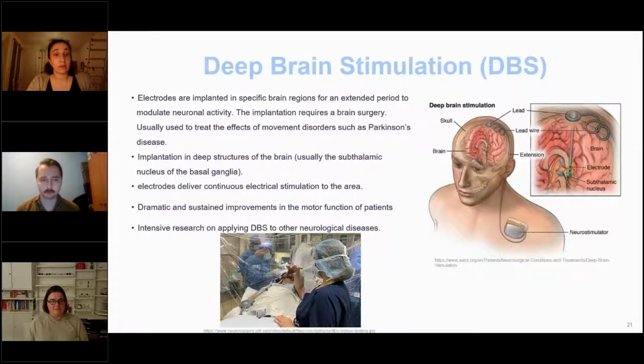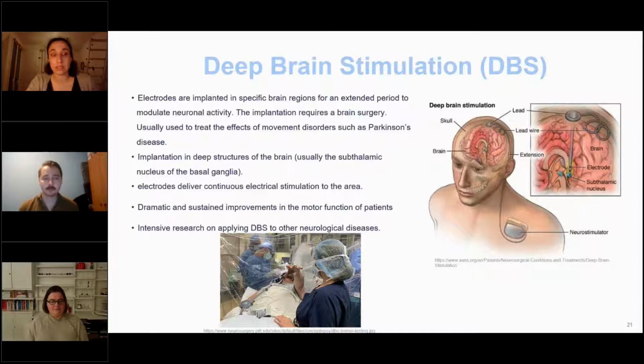And because it has this dramatic improvement in Parkinson's patients, there's an intensive research going on about applying the same technique on other neurological diseases. For example, Alzheimer's or depression.